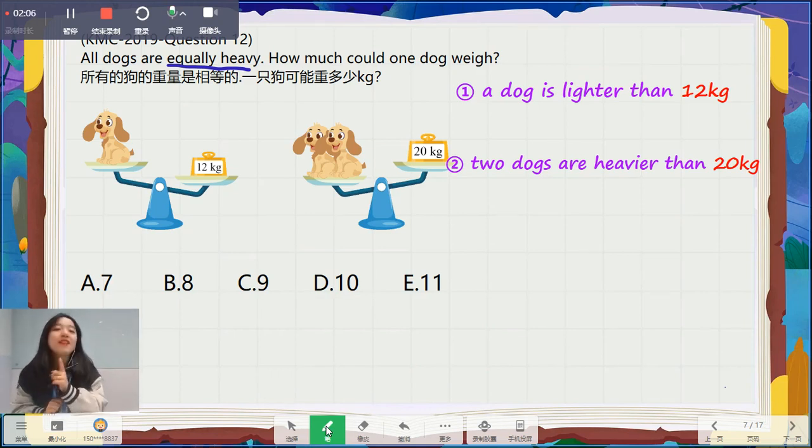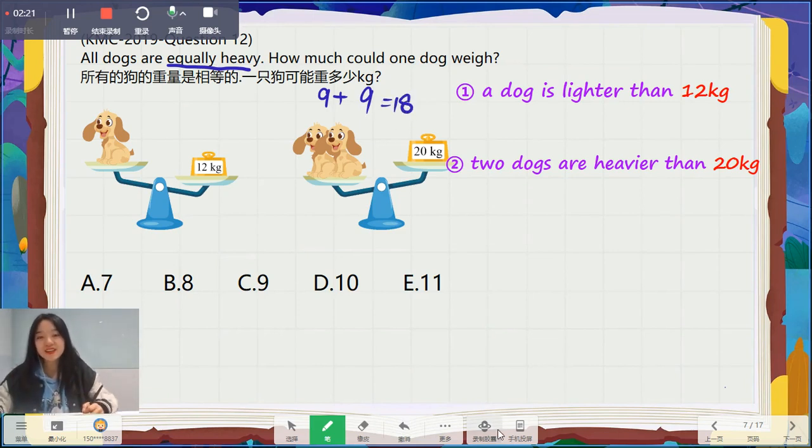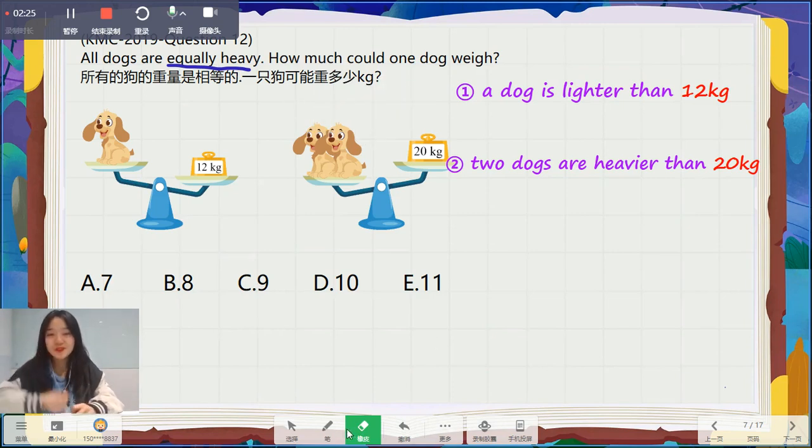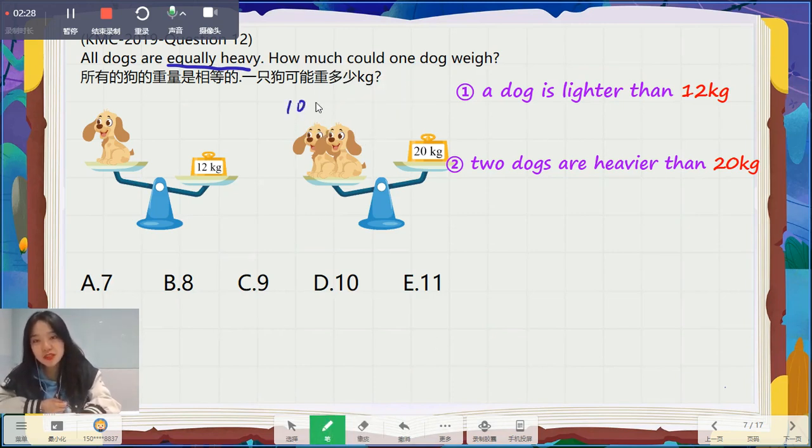Can one dog be lighter than 10? When one dog is lighter than 10, for example, it's 9, the biggest number lighter than 10. Can the two dogs be heavier than 20? No way, okay? It can only be 18, less than 20. So, can the two dogs be equal to 10?